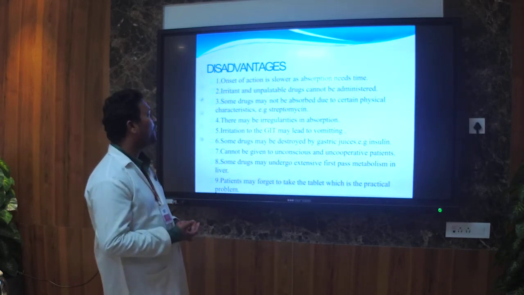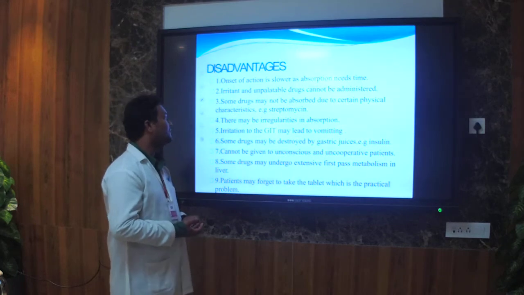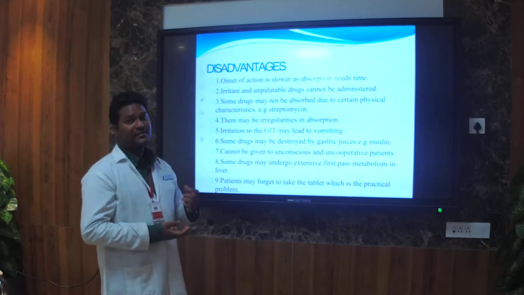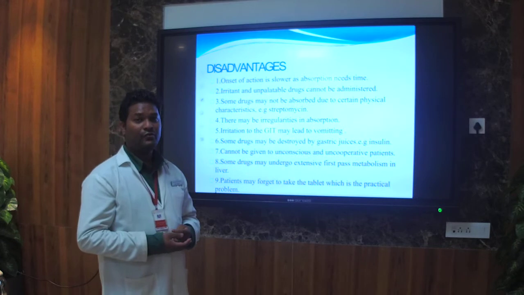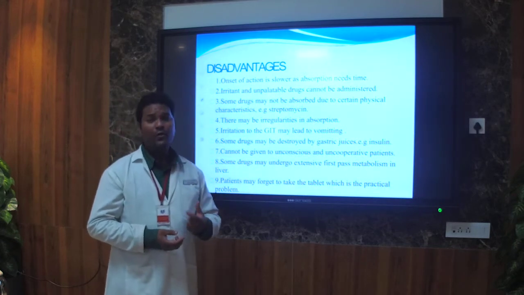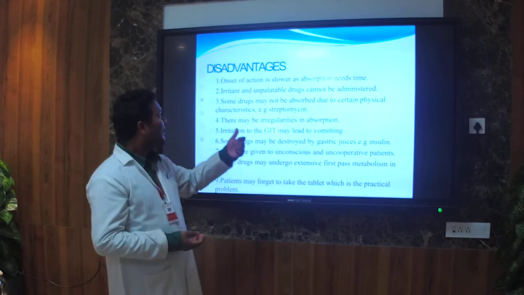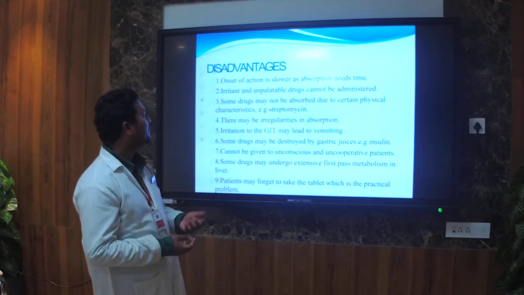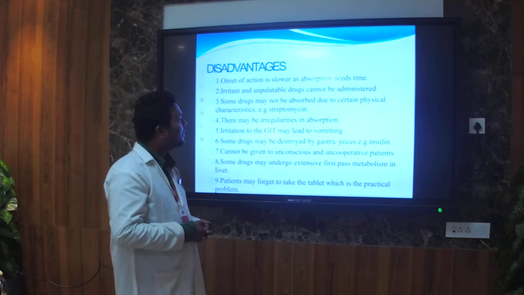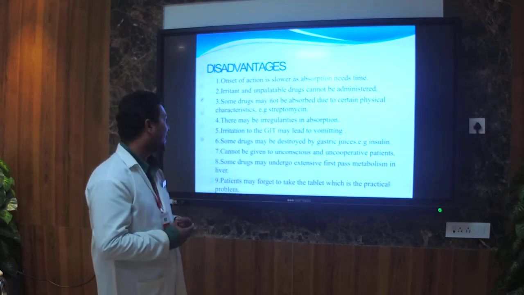Some drugs may not be absorbed due to certain physical characteristics, like streptomycin, as I said earlier, drug to drug interaction, or the properties of the drug and how it is administered. So some oral medication is not absorbed because of the physical characteristics.